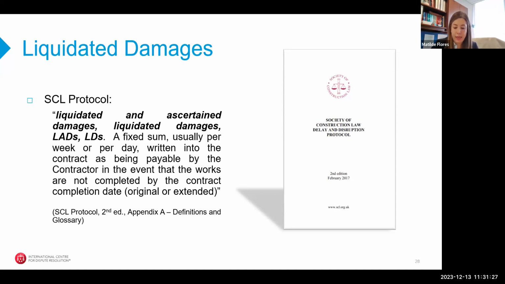They are assessed based on the number of days or weeks as specified under the contract, and they are a fixed and predetermined sum, determined at the outset at the time the contract is executed. And there is typically a cap on the amount of liquidated damages that the employer is able to recover, and it's usually assessed as a percentage of the contract price.